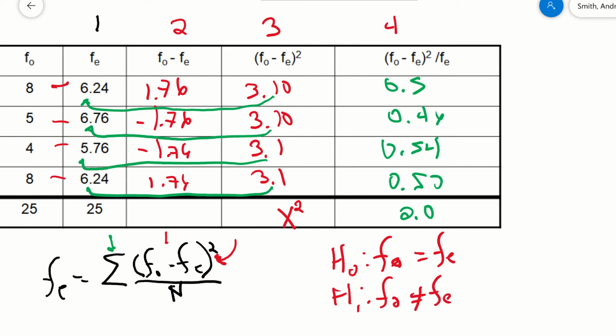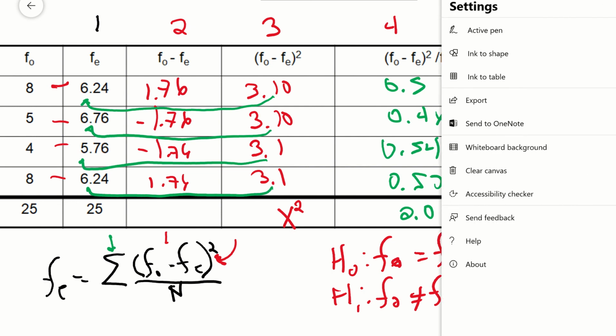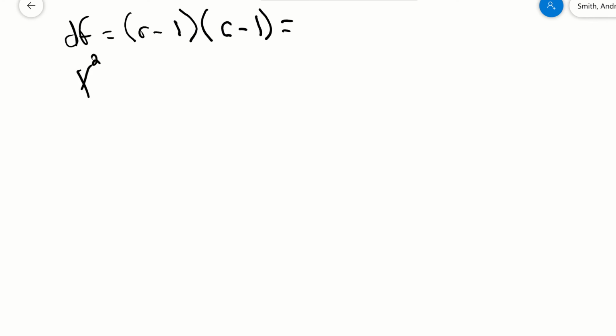So we have an additional step, and our additional step here is that we need to come up with a critical area, right? So we found that our chi-square is 2.0, but we're not done, because we haven't determined if this is in a critical area and we can reject or accept our hypothesis, right? So we have to find the degrees of freedom, and this is the final step.